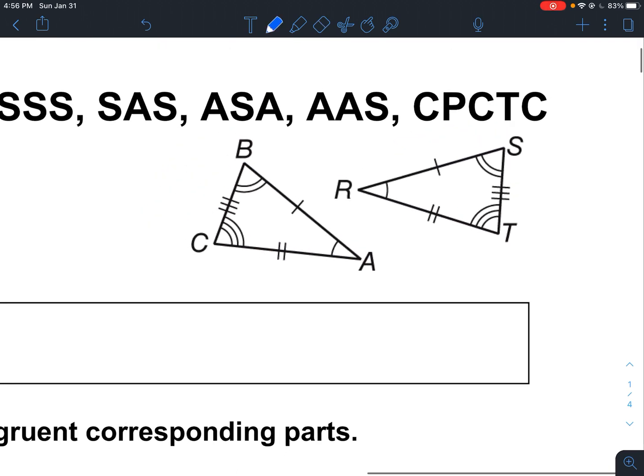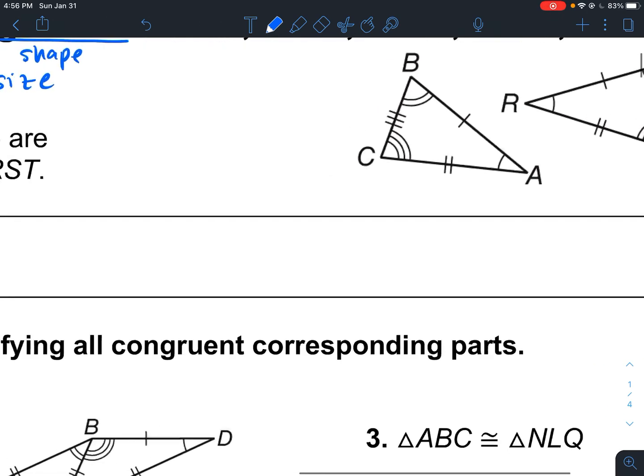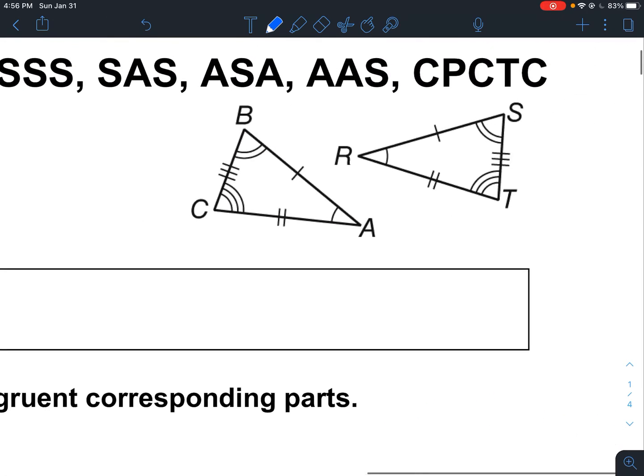So it tells us that these triangles are congruent. And since they are congruent, that means their corresponding parts are congruent. So if two triangles are congruent, their corresponding parts are congruent. Angle R of triangle RST corresponds with angle A of triangle ABC.